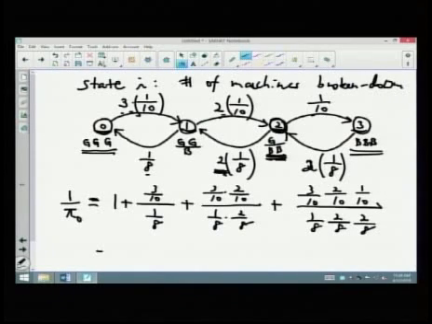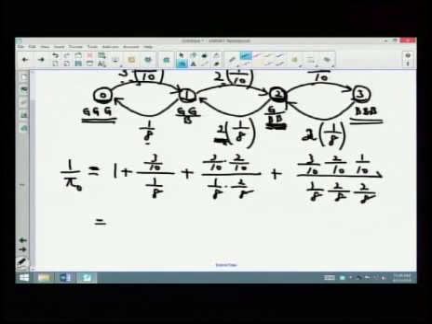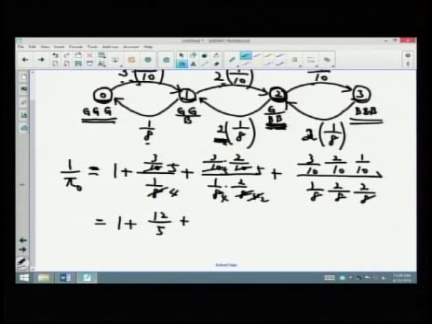So what is this? That's going to be 1 plus 5, 4, right? So that's going to be 12 over 5, right? The same way, 5, 5, 4, 4. And then this is going to be 2, 1.